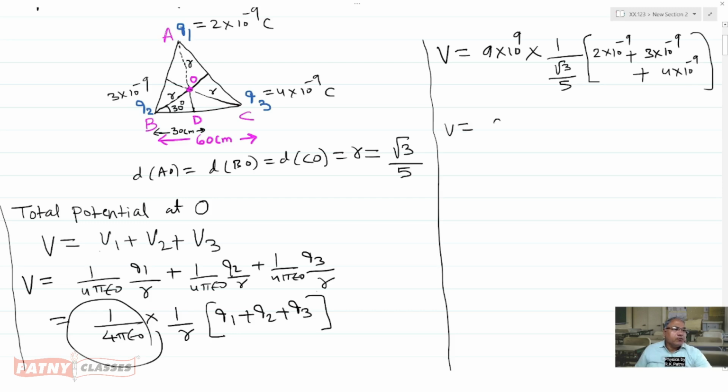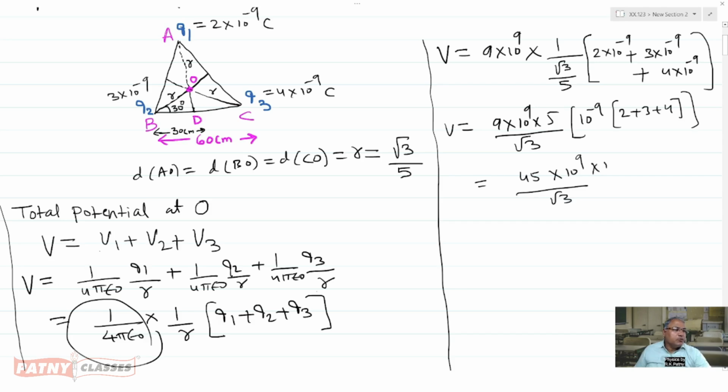So V equals 9 into 10 raised to 9 into 5 upon root 3, 10 raised to minus 9 common, 2 plus 3 plus 4. So this equals 45 into 10 raised to 9 upon root 3 into 10 raised to minus 9 into 9. 10 raised to plus 9 and minus 9 get cancelled, equals 45 into 9 upon root 3.